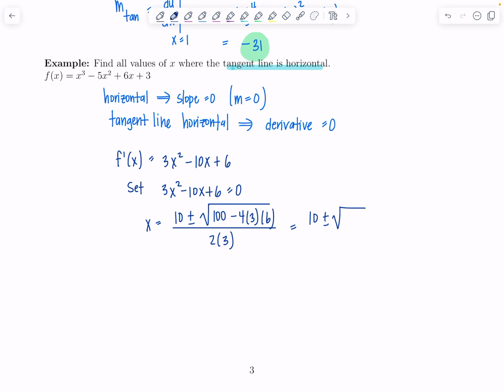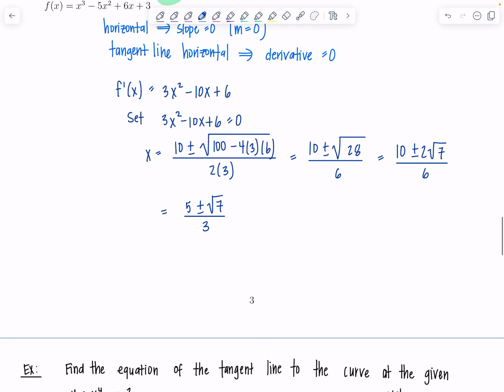So this is rad 28 over 6. 28 is 4 times 7, so I can rewrite this as 10 plus or minus 2 rad 7 over 6. And then we can divide everybody by 2, so this is going to be 5 plus or minus rad 7 over 3. So these are the values of x where the tangent line is horizontal.